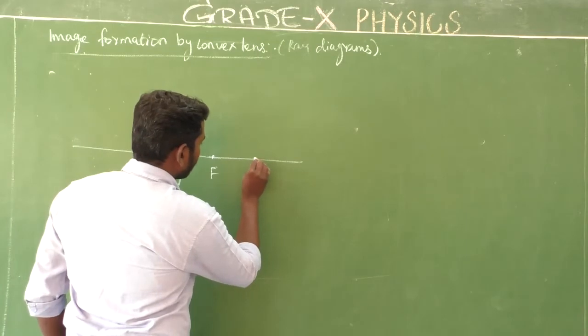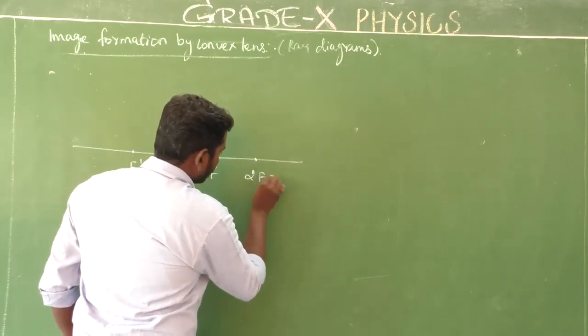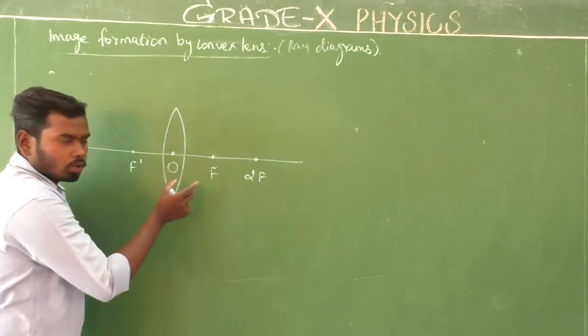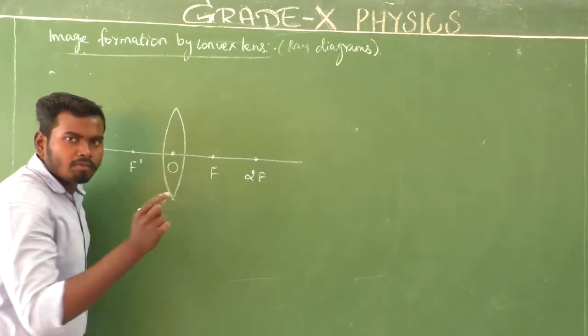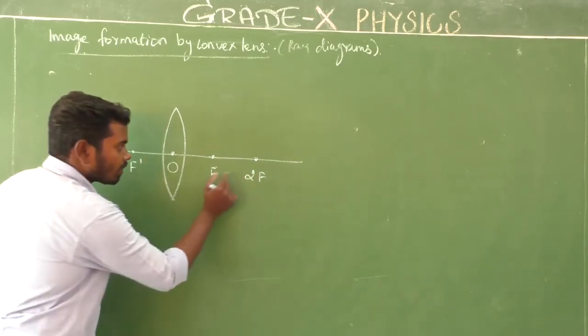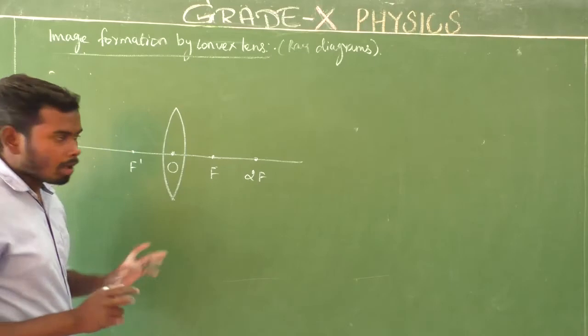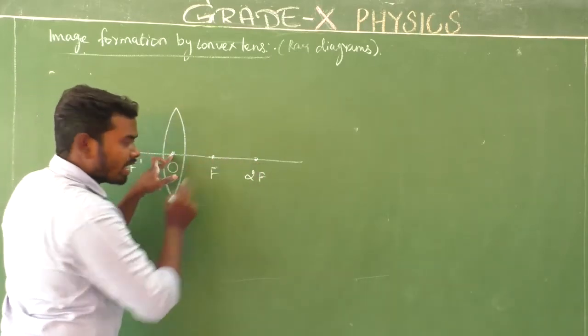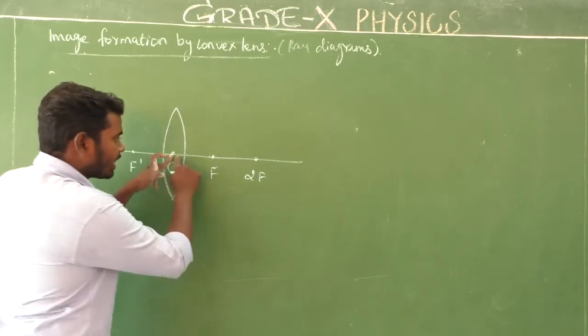Look here, the distance between O and F is equal to the distance between F and 2f. Very simple. But the overall distance between O and 2f is the radius of curvature.